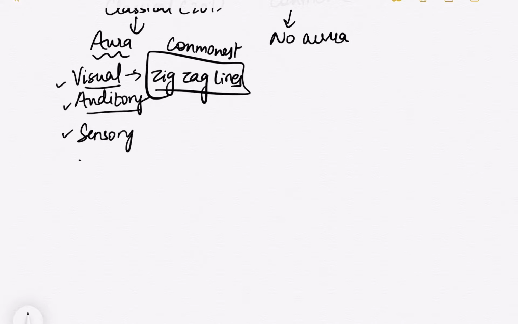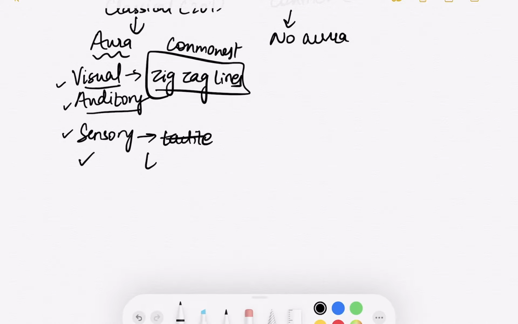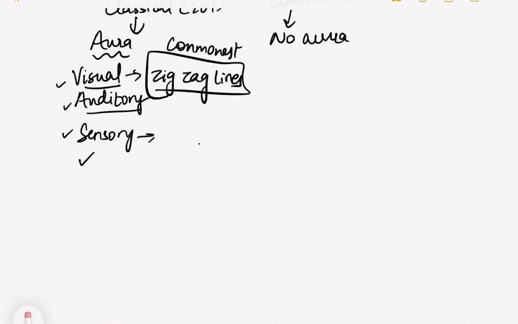Other auras: in sensory we can have tingling or some tinnitus-like sensation on the hand.